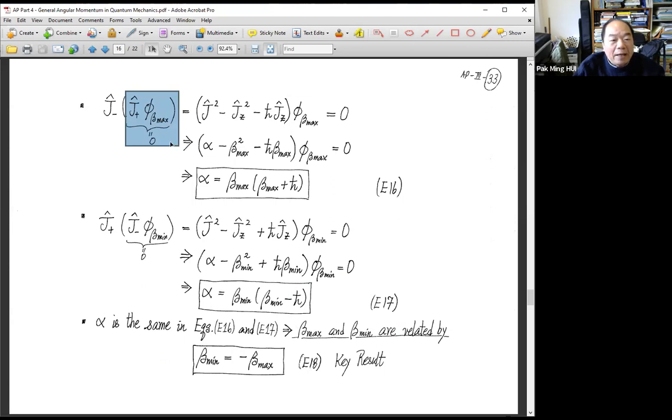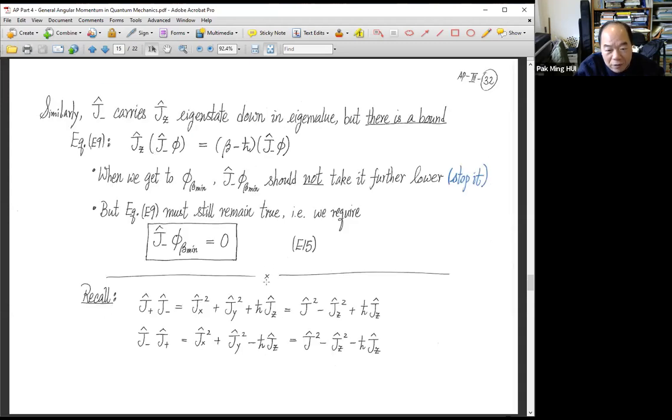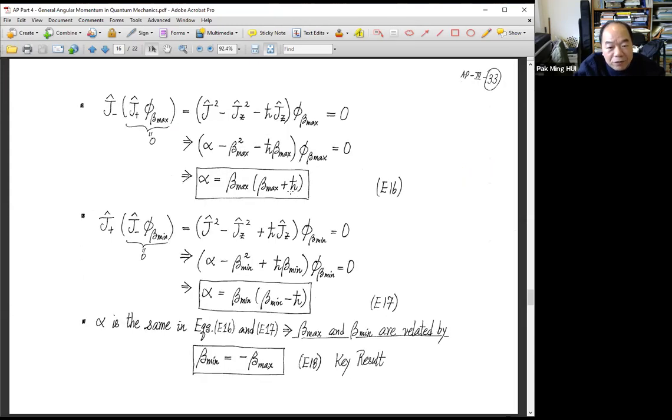Okay? Now, I operate J minus. I start from the maximum one. I can lower it, right? That's fine. But since this is J minus operating on 0, it should be 0. All right. However, we also know that J minus J plus is given by this one. All right. So I copy this through.